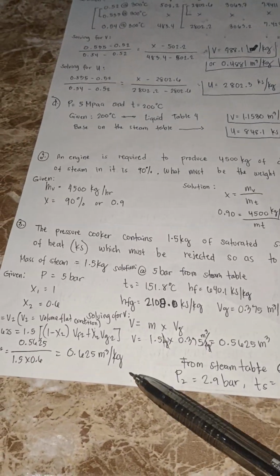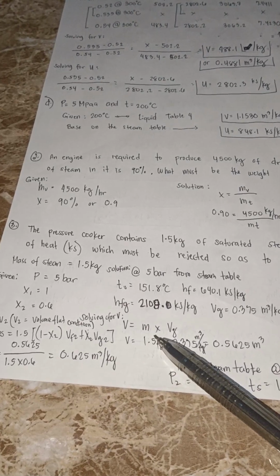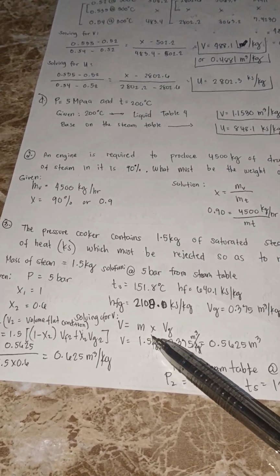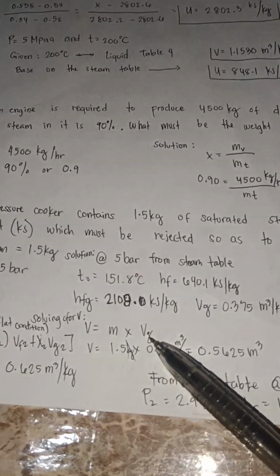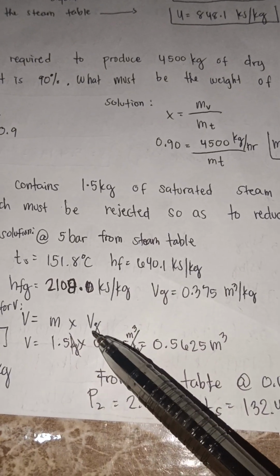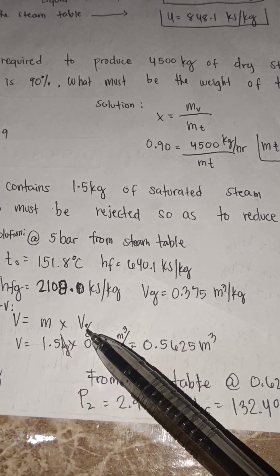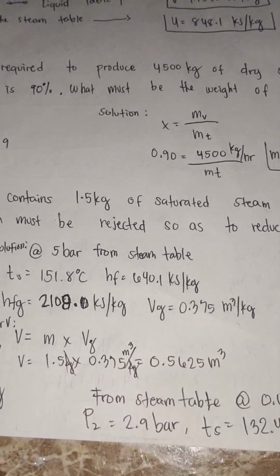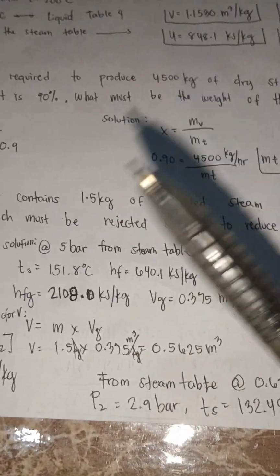So we will get the volume. Volume is equal to mass times the initial volume, so mass times the volume of the saturated vapor.